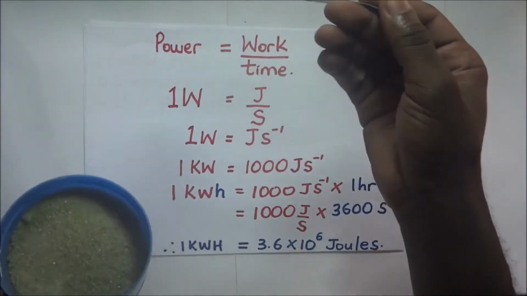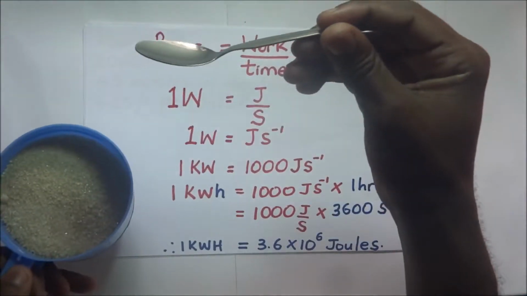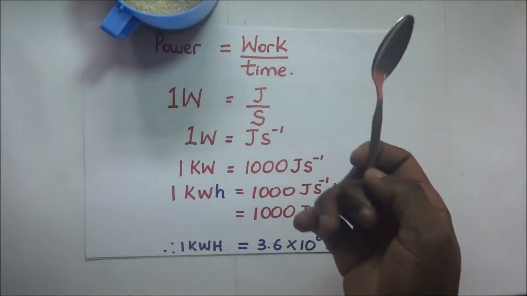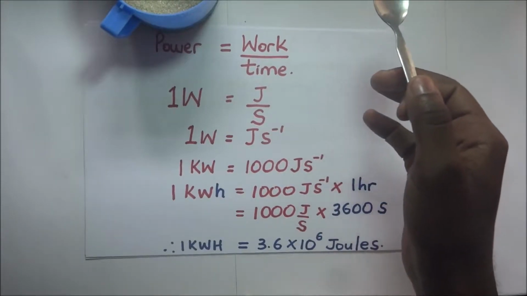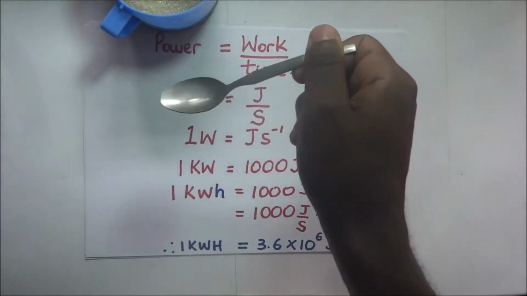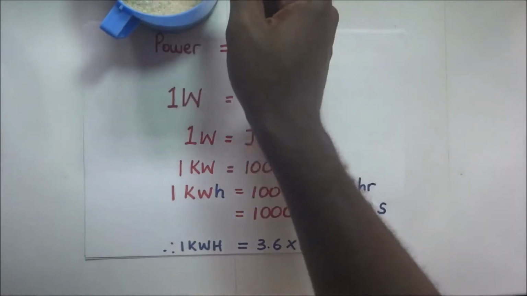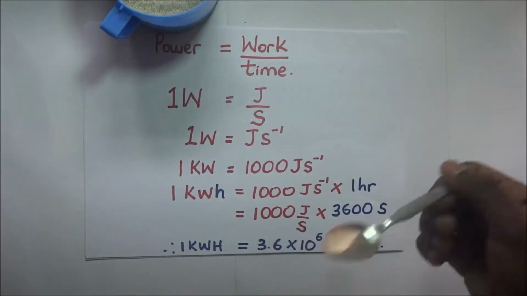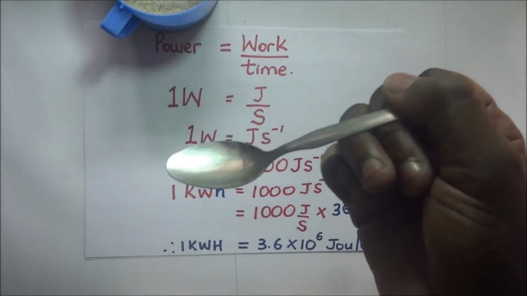Now, I can use this spoon, yes, and I can say that each spoon of sugar costs 100 shillings. And so if somebody came with a very big polythene bag and they want the polythene bag to be filled with sugar, it means if I'm selling each spoon at 100 shillings, I'll keep scooping from the big sack to give to this person, but it will take me a lot of time because this spoon is too small.